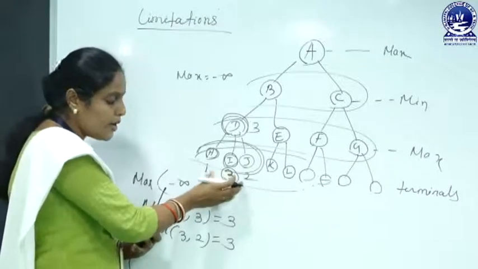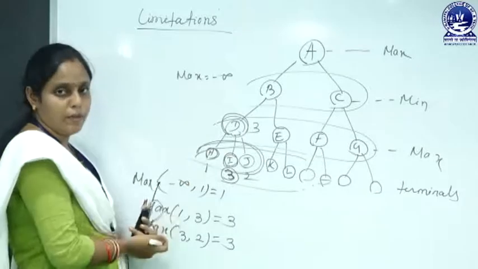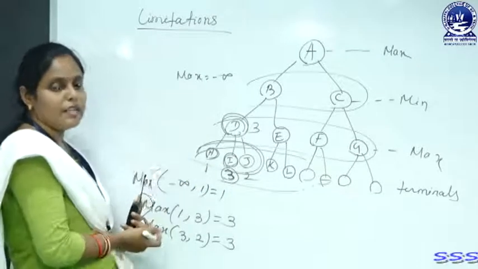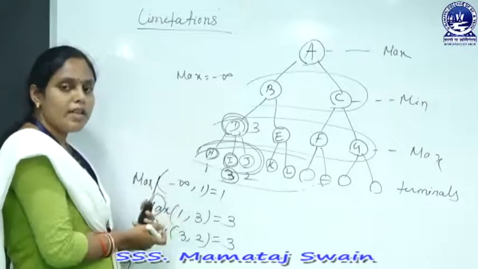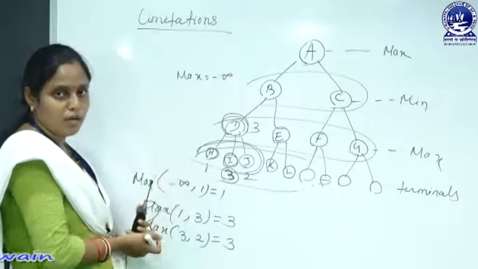But in our min max algorithm, it checks every terminal value, which is one of the limitations of our min max algorithm. These limitations are overcome by the alpha beta pruning algorithm.